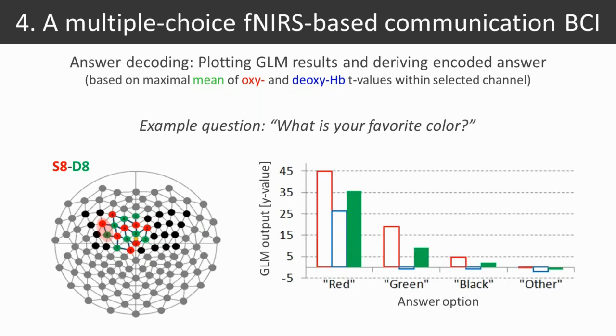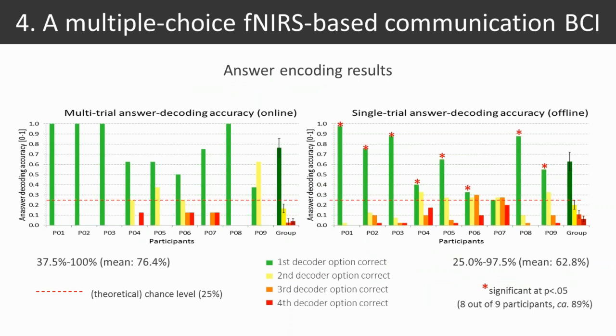When plotting these means and also the separate oxy and deoxyhemoglobin T values, we would get this plot, and it's very easy to derive that here is the highest mean value for the T value, and this would then be the option for which we go, which is in this case red, the favorite color of the participant.